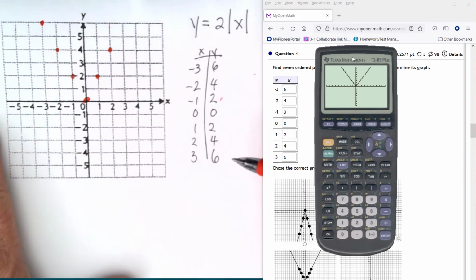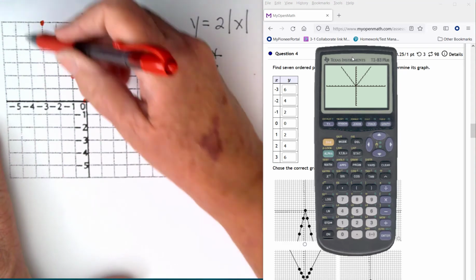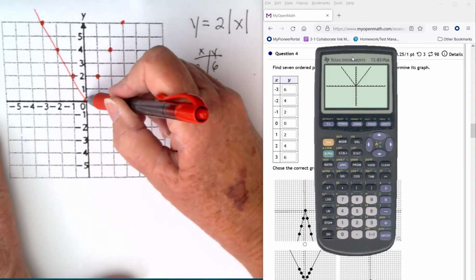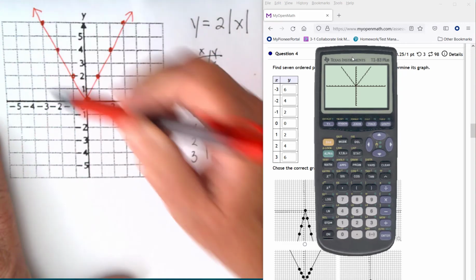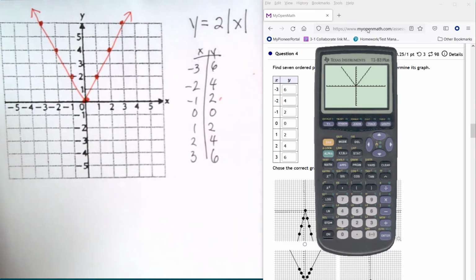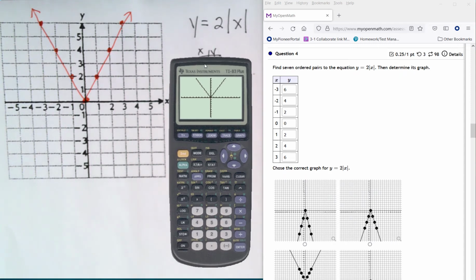And 3, 6. And then we connect the dots. And absolute value will always look like a V. This one is a little thinner. It's stretched because of this 2 in the front. But there is our graph for an absolute value.